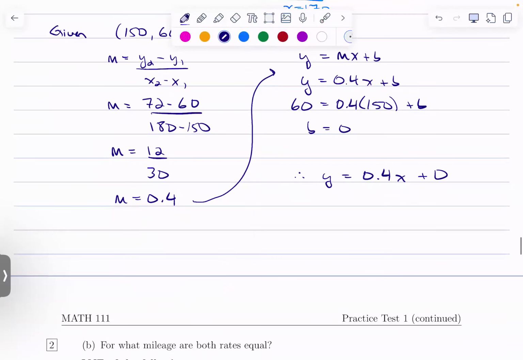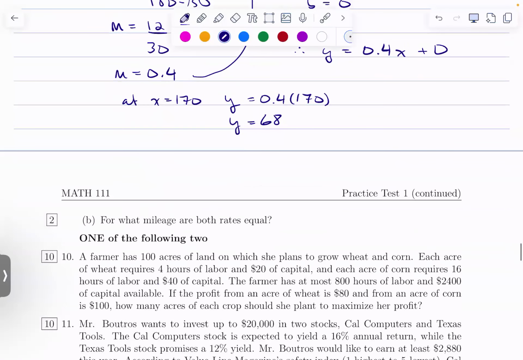And so then at x equal to 170, y is 0.4 times 170. 170 times 0.4, 68 pounds of muscle mass.